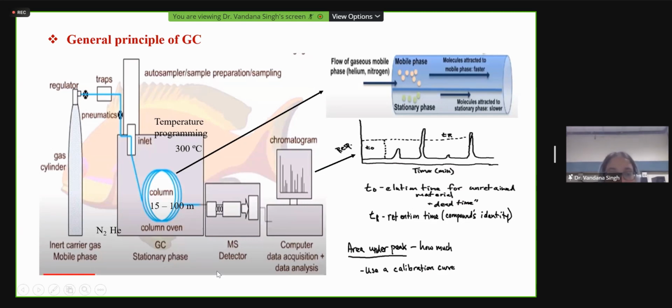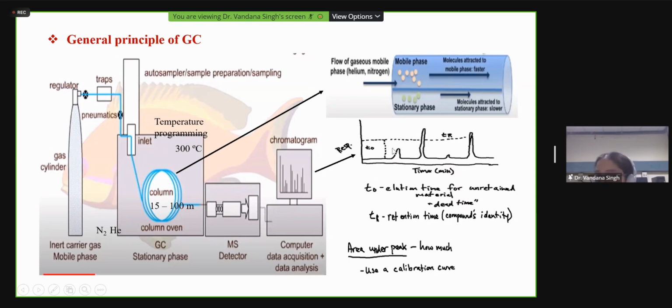There are other types of detectors instead of the mass detector, like electrochemical detectors and flame photometric detectors, and these are chosen based on the property of the analyte. These detectors detect the analytes coming from this column, and we get this chromatogram.